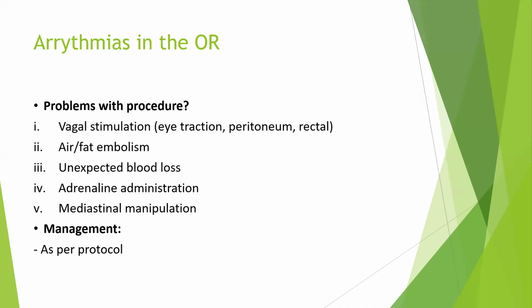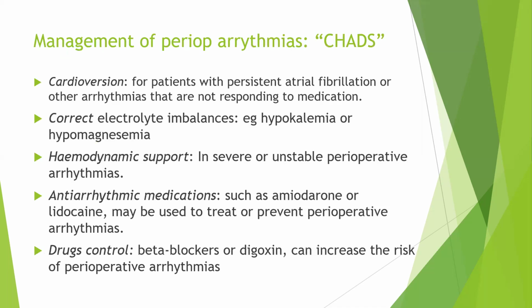Then once you're able to troubleshoot, you manage the kind of arrhythmia as per protocol. Okay, so in summary, management of perioperative arrhythmias, child, don't forget, I just like mnemonics so that you don't forget: cardioversion for patients with persistent AF or other arrhythmias that are not responding to your medications. Always correct electrolyte imbalances, okay?